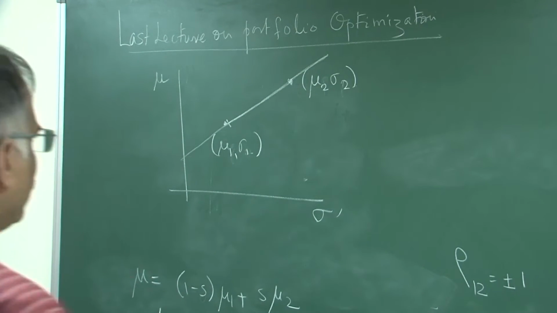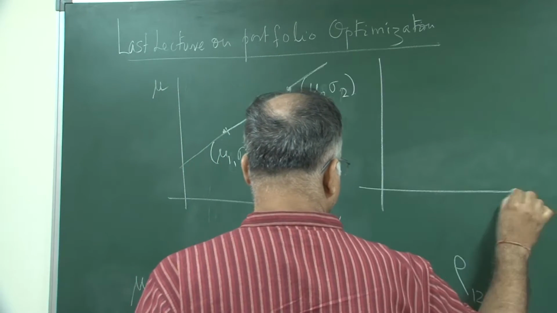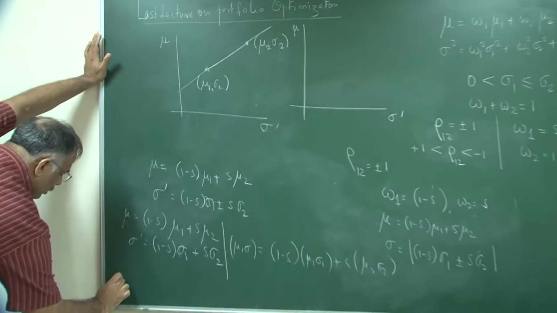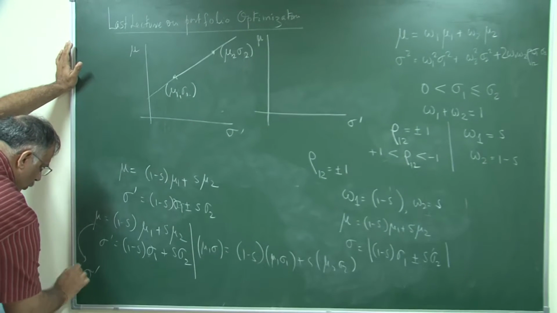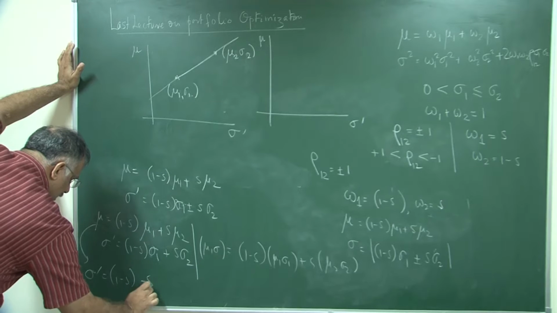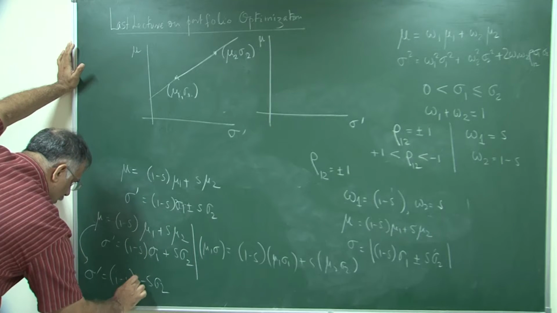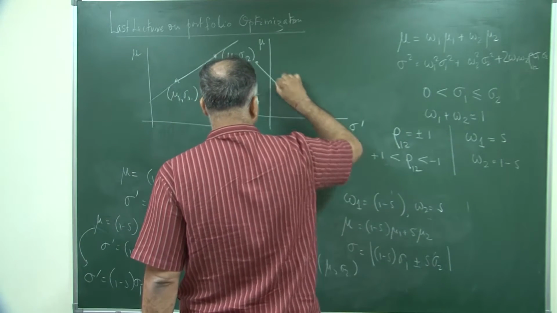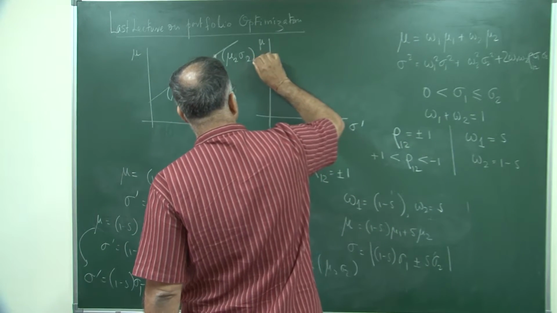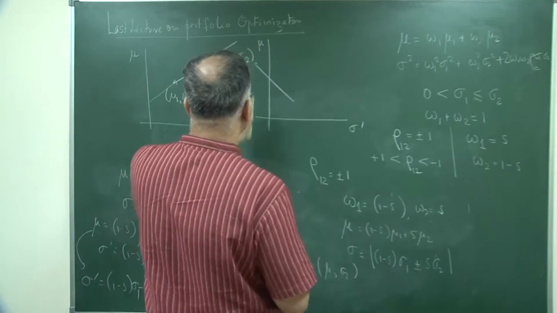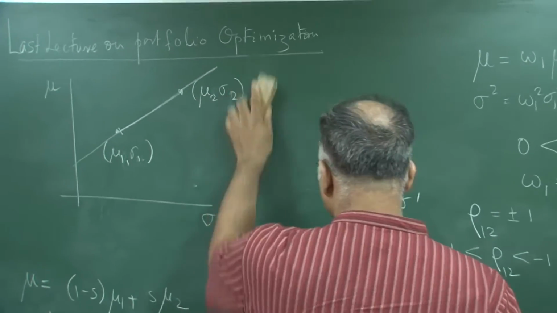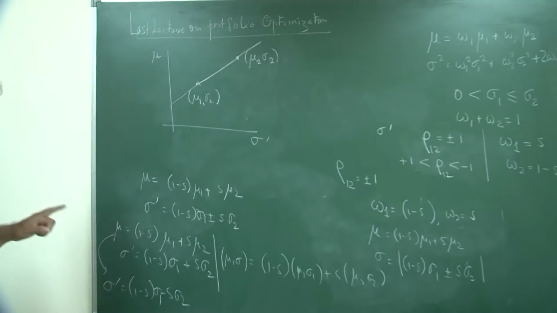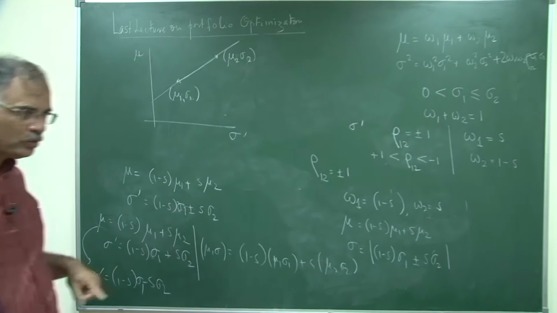Now, if I have the minus case, that is sigma dash, I have the same mu, but sigma dash is 1 minus S sigma 1 minus S sigma 2. Then it is nothing but the same thing, but this time it is a line passing through mu 2 minus sigma 2 and mu 1 sigma 1.